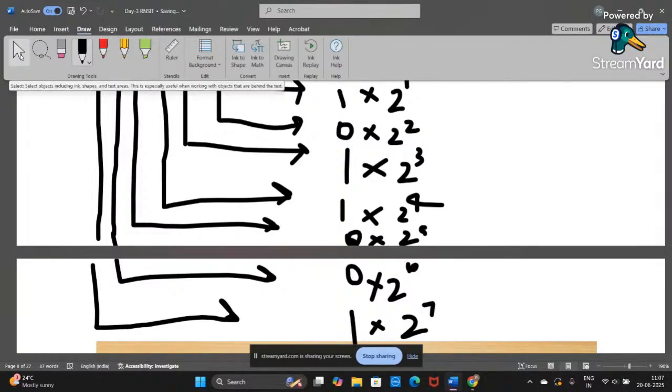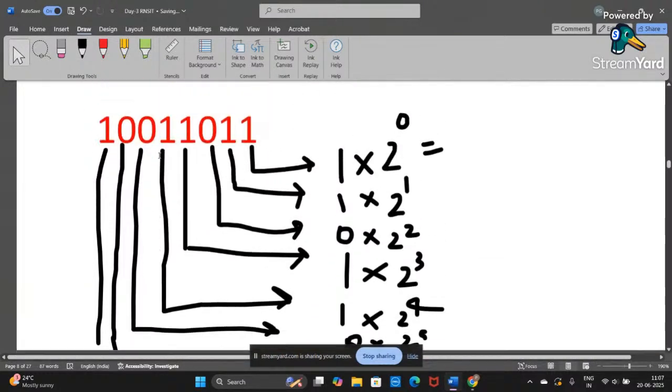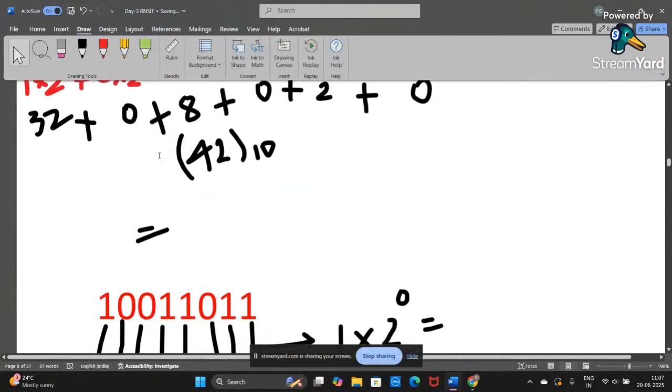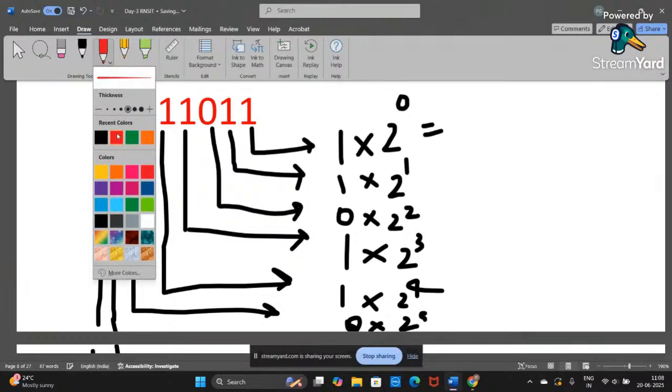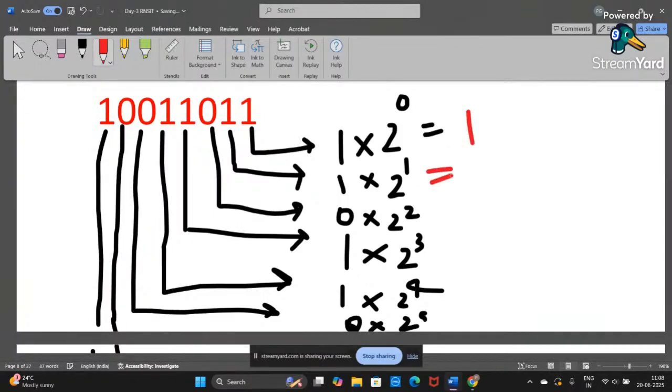Now let us write their values. 1 into 2 power 0 means it is 1. 1 into 1 it is 1. And here 2 power 1 it is 2. 2 into 1 it is 2. 0 into anything it is 0. And here 0 into anything it is 0. 2 power 3 it is 8.